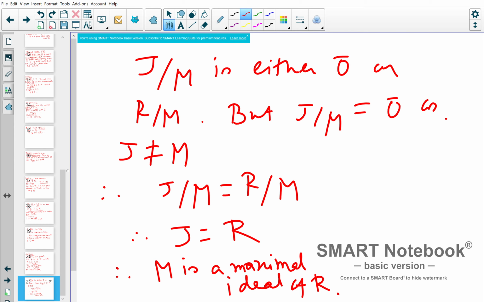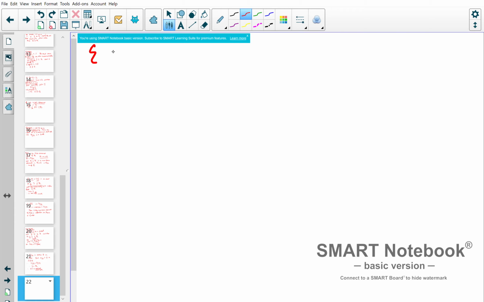You go modulo the ideal and check whether that is a field or not, and then you are done. So for example, what I proved for integers, we can have this direct proof. We proved that any prime ideal generated by a prime number p is also a maximal ideal.